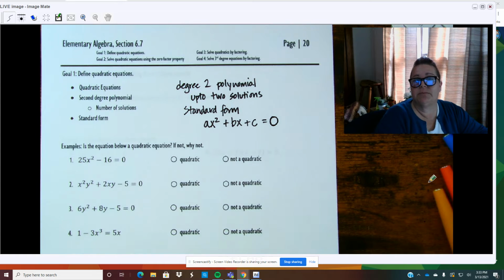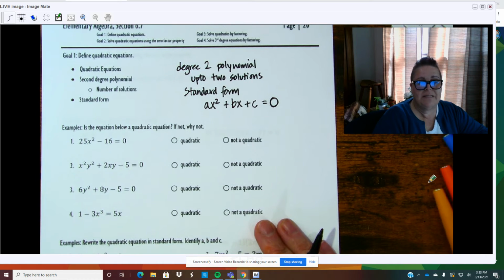You may already be familiar with that, but we're going to say that it's an equation. So in order to have an equation, it must be equal to something. In standard form, that is ax squared plus bx plus c is equal to 0.